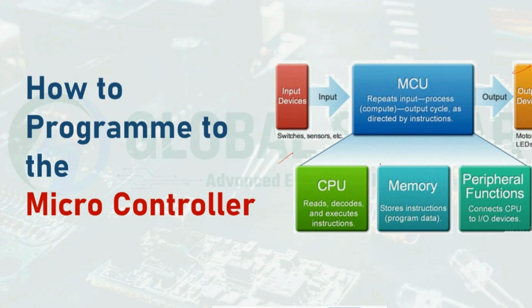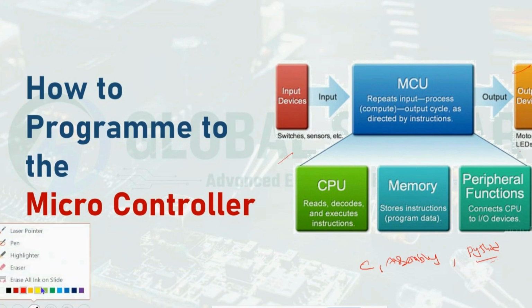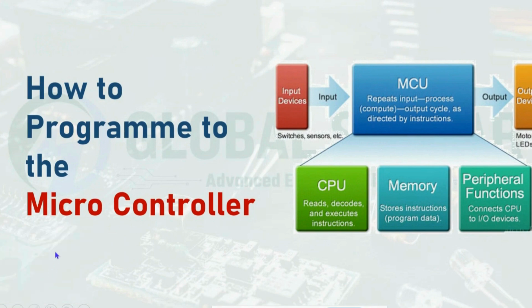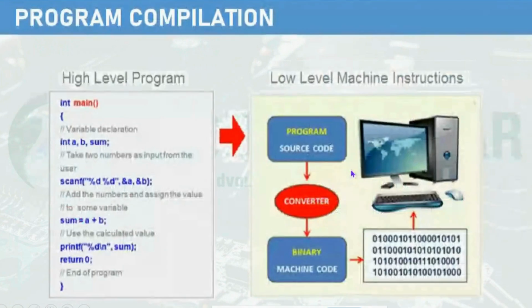We need to write the logic of the program in C or an assembly level language, whichever the hardware supports. Nowadays programming is supported in Python as well, so with the help of Python they are able to operate the input and output conditions. So we need to understand the hardware and the language it supports, and based upon that, we configure the input and output devices.